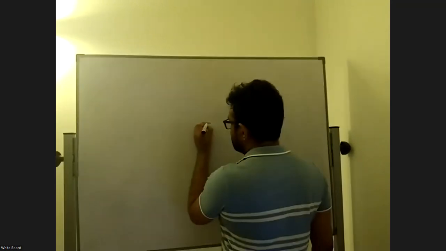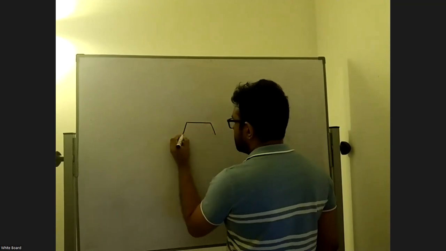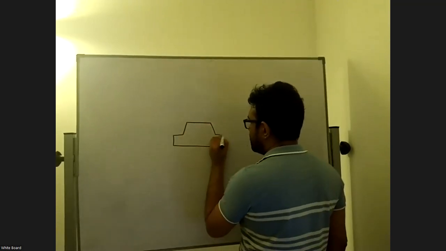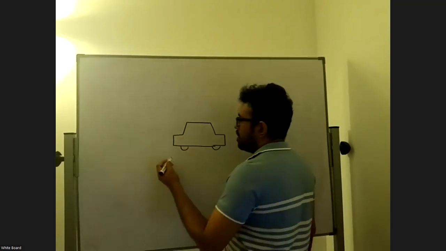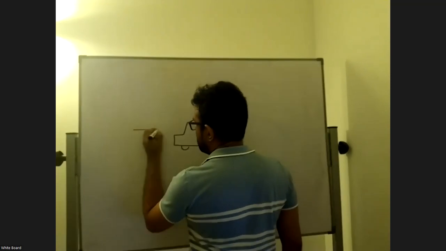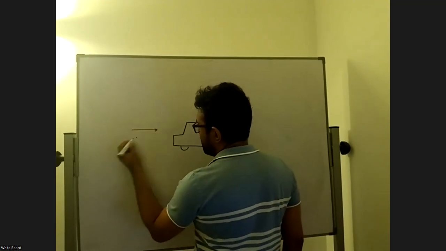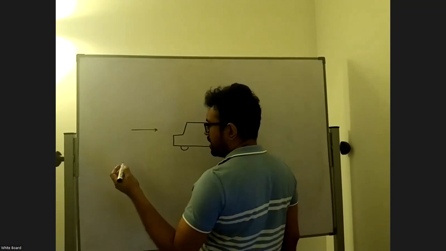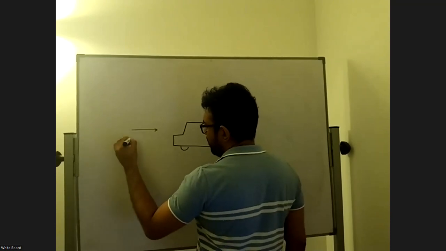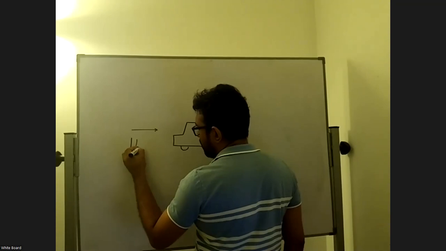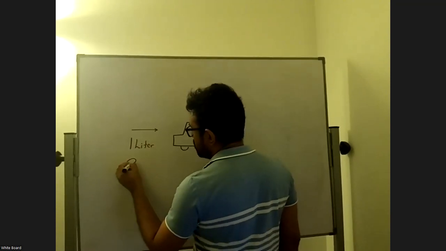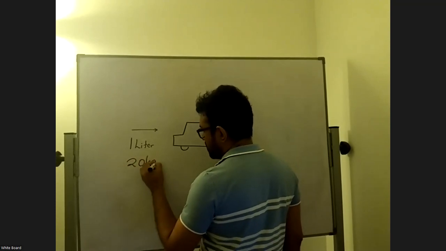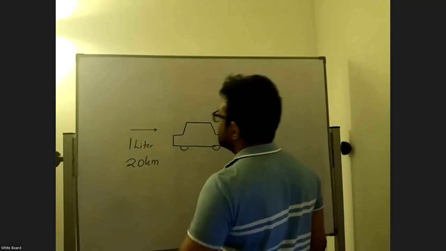Now, for example, let's say vehicle. One vehicle. If you take this vehicle, if it is running 20 kilometers from 1 liter of fuel, maybe petrol, it should be a hybrid, right?